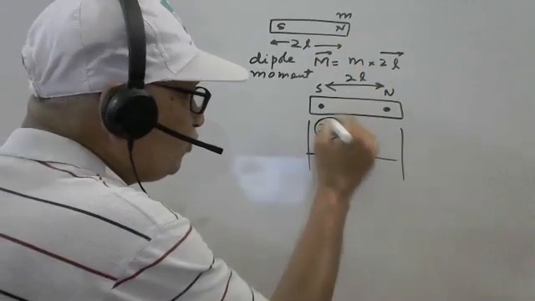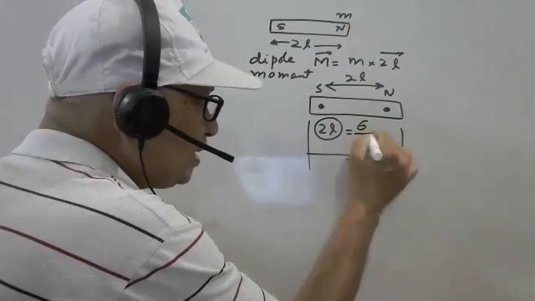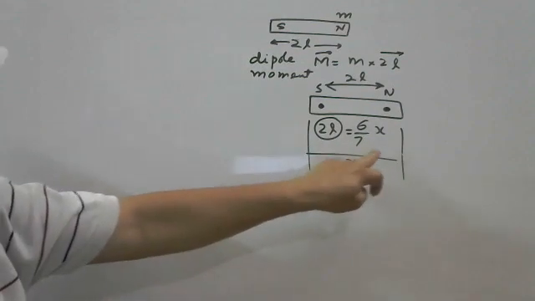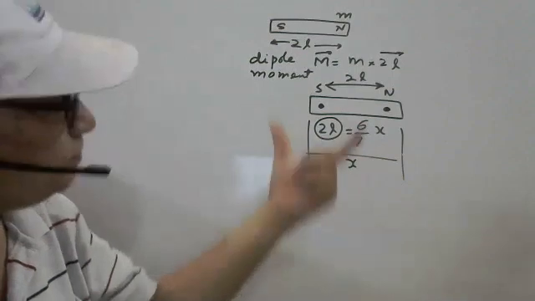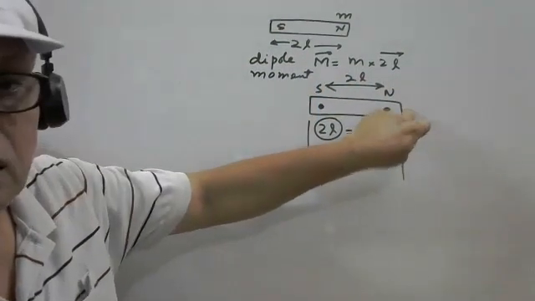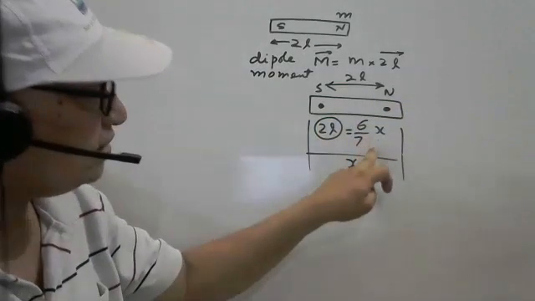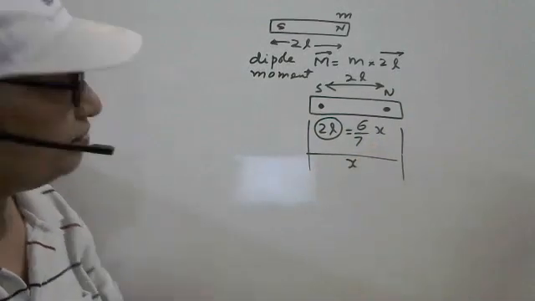Magnetic length is roughly 5 by 6 or 6 by 7 of the physical length. Roughly, it is not a fact; the constant depends on many things. So the north pole and south pole are not at the ends but a little bit inside. This is not a correct dimension, this is a rough dimension. Okay?